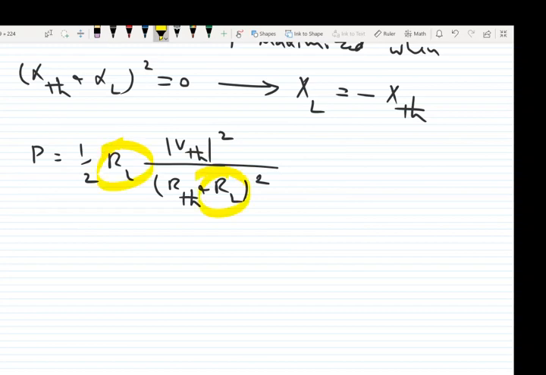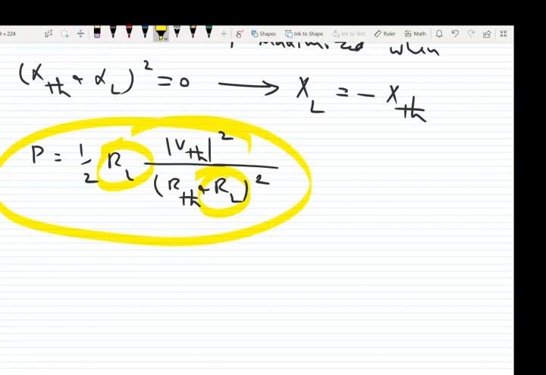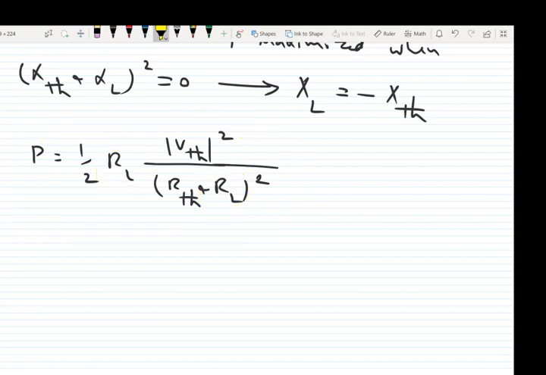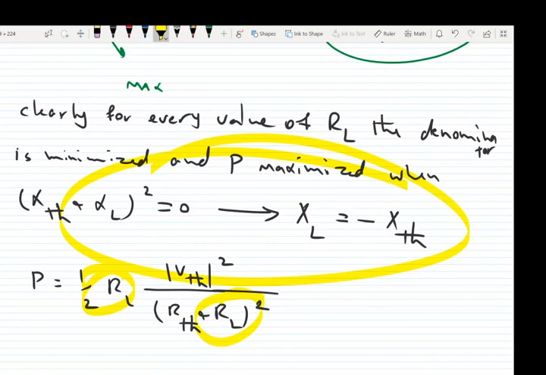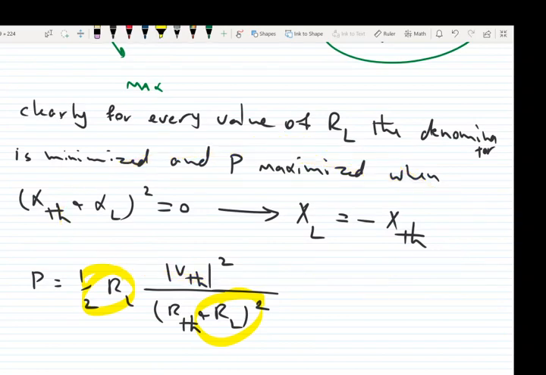Of course, RL cannot be 0, because if RL is equal to 0, the total power will be equal to 0, because we have an RL here, and we cannot do the same thing we did for XL.